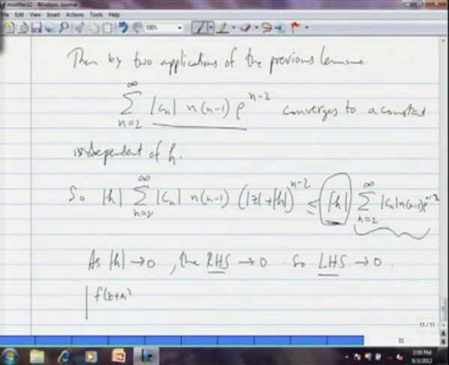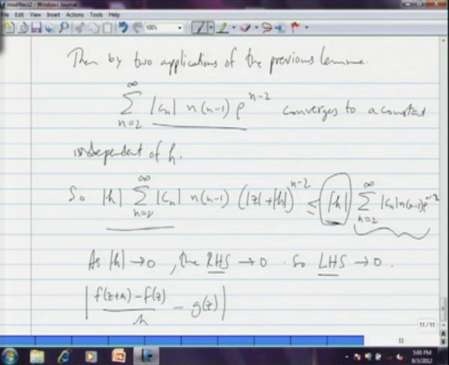Okay. So, since the LHS tends to 0, which is the estimate of modulus of (f of z plus h minus f of z) by h minus g of z, this tends to 0 as modulus of h tends to 0.